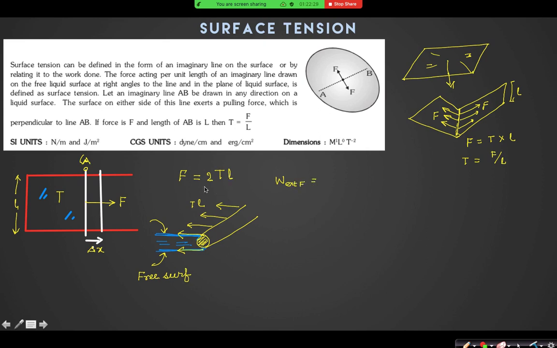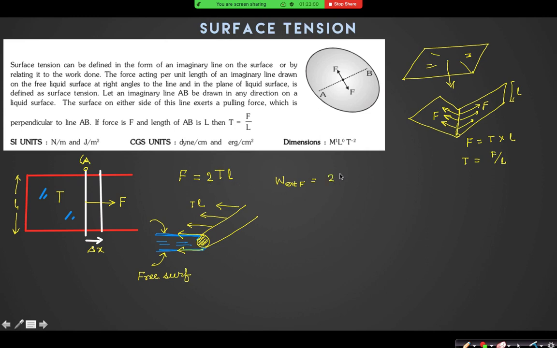Is that force constant or variable? It's a constant force. Surface tension is constant, L is also constant. Even if you are moving in this direction, the length is not changing. So what is the work done by this external force?